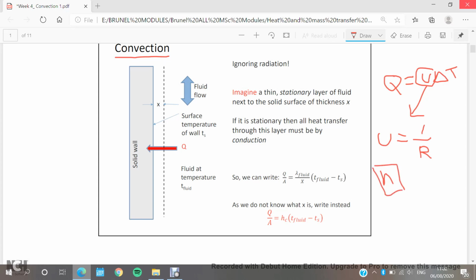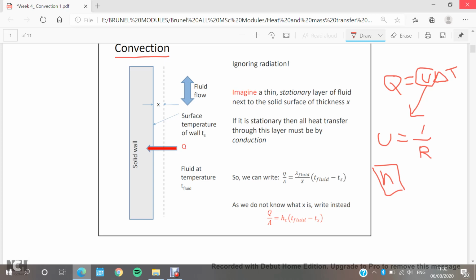From now on, you will see lots of textbooks or slide sheets saying the heat transfer coefficient, and we will discuss what the heat transfer coefficient is later on. So how do we derive an equation expressing the convection heat transfer rate?